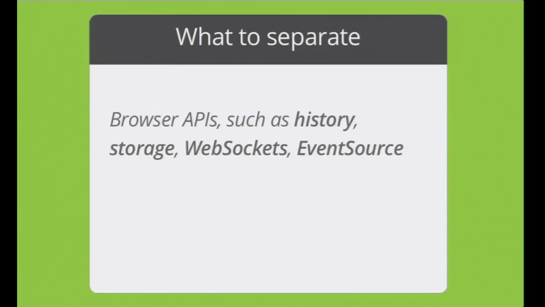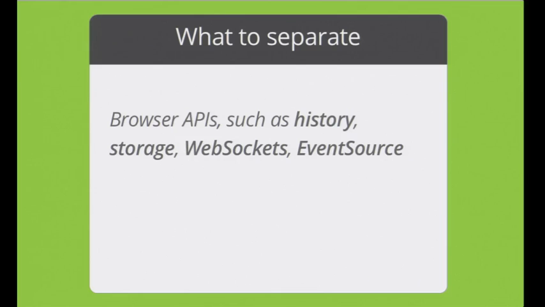And other things to mock out are browser APIs. So things like history, storage, WebSockets, event source. You want these to be separated. You don't want to have to worry, when you're testing or looking at your code, about how these actually work. You want to be able to sub in different implementations of these so that you can easily mock them when you're testing.